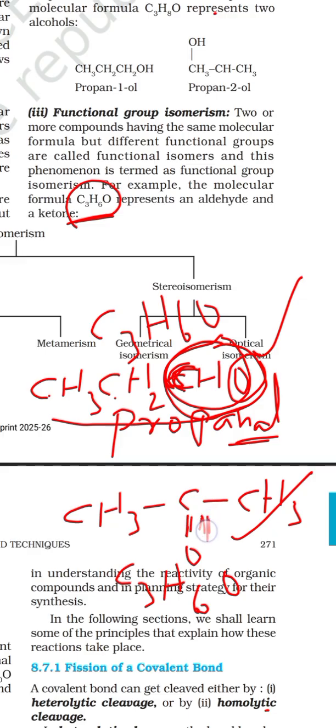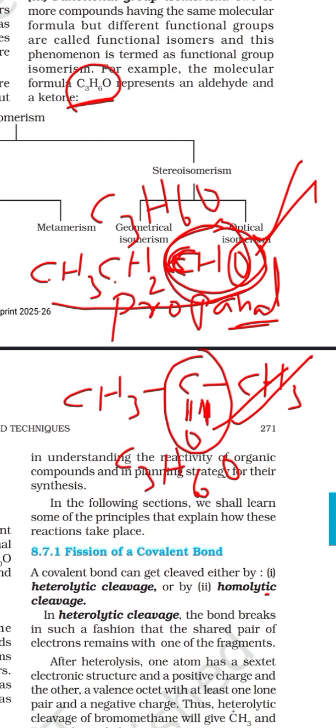C double bond O is the keto group. So they have the same molecular formula but differ in their functional groups, aldehyde and ketone. This type of isomerism is called functional group isomerism. Therefore these two are functional isomers.